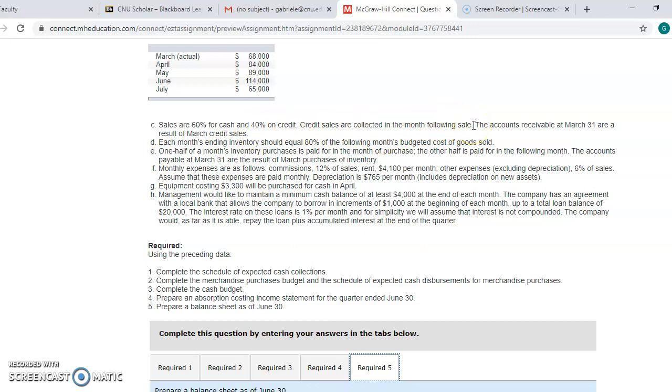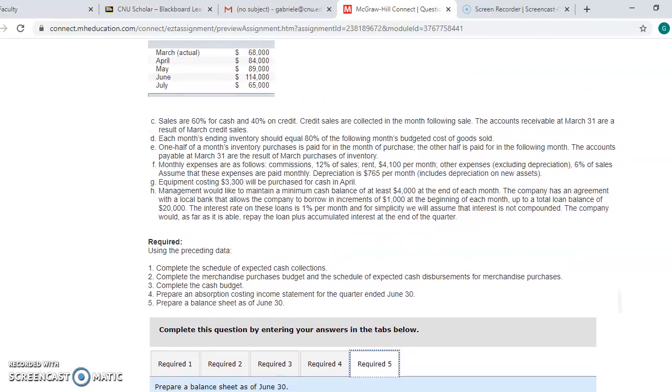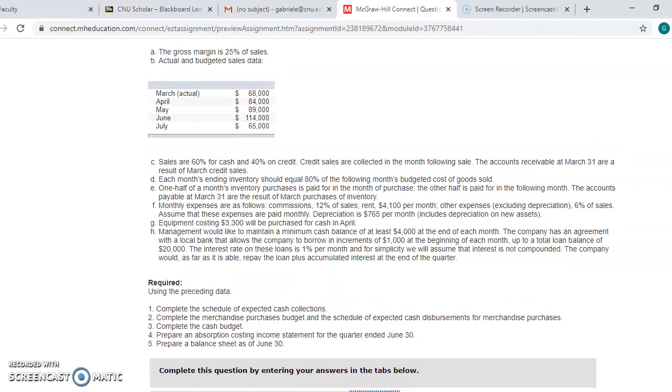So our June ending accounts receivable balance would be from the May sale, 89,000 times 40%. Let me make sure this is right. If you take 89,000 times 0.4, I got 35,600. Up 45,600. I must have done something wrong. Hold on. Sales are 60% for cash and 40% on credit. Credit sales are collected in the months following the sale.